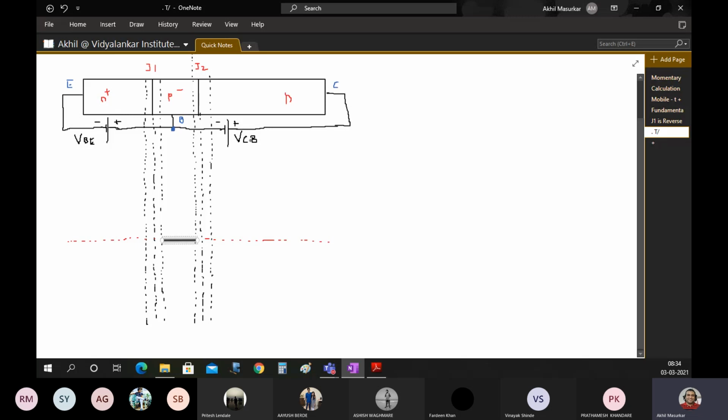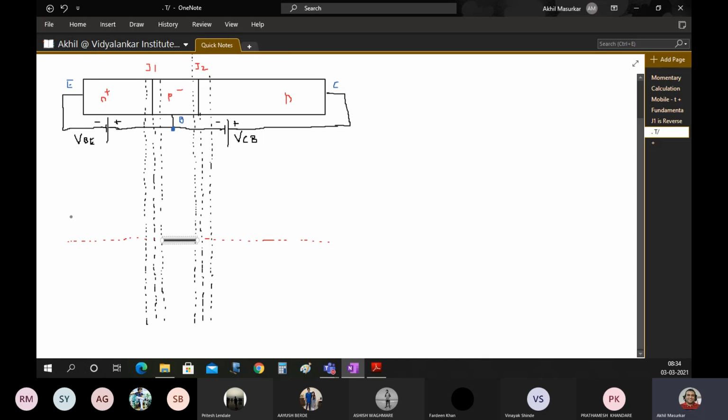Now here, what will happen to the energy band diagram on the emitter side? So you can see minus is connected to N plus. That means we are injecting more negative electrons into the emitter.